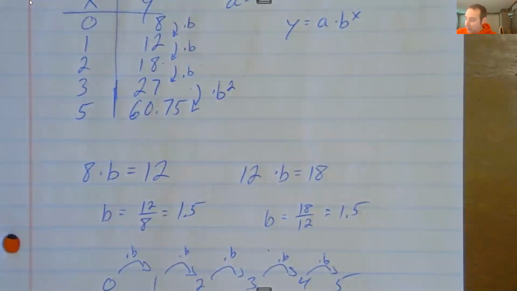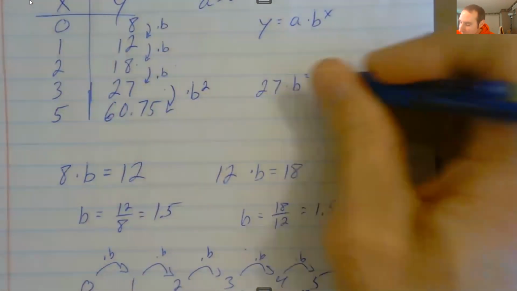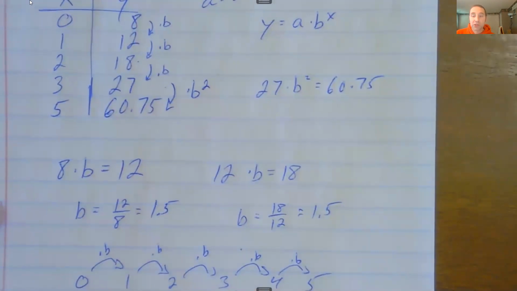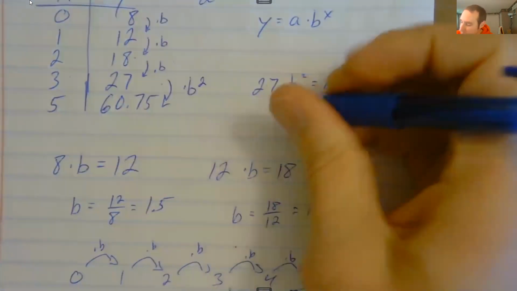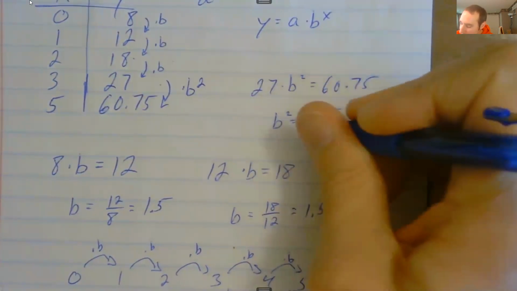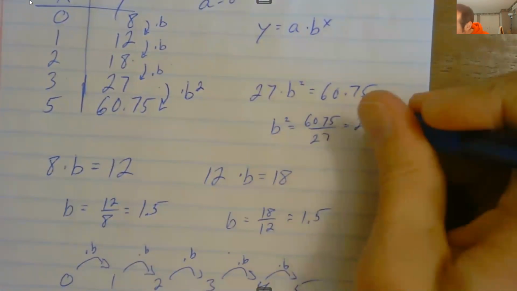So what do I do with that? Well, I take 27, I multiply by b squared, and that gives me 60.75. If I want to solve for b, let's divide by that 27. So b squared is going to be 60.75 divided by 27. And sure enough, when you take 60.75 divided by 27, you get 2.25.